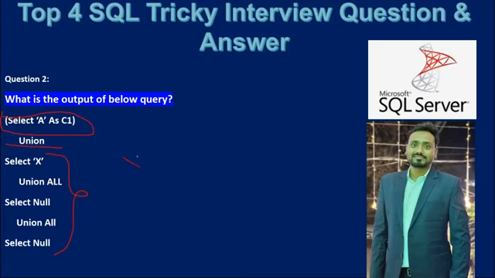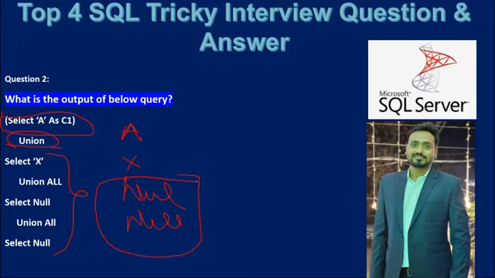These three will return X, then null, and after that again null. And then we can see A, so A is going to be there over here. So we are going to use union. That's why the interviewer has asked whether this null will be returned 2 times or not.